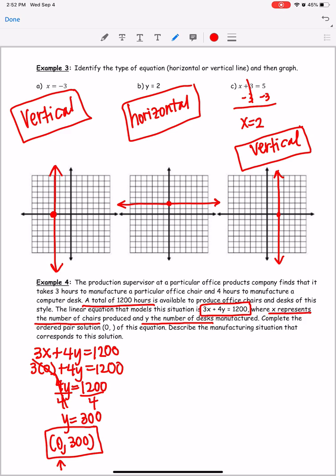So if a company makes no chairs, okay, what does this represent here? This represents the number of desks.